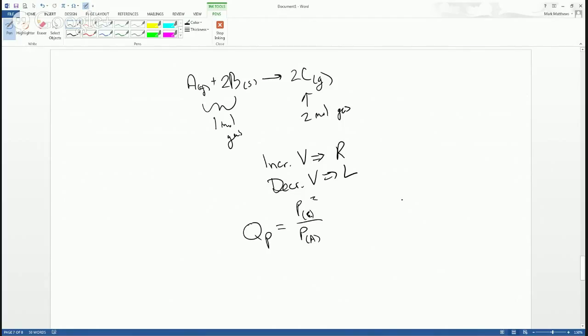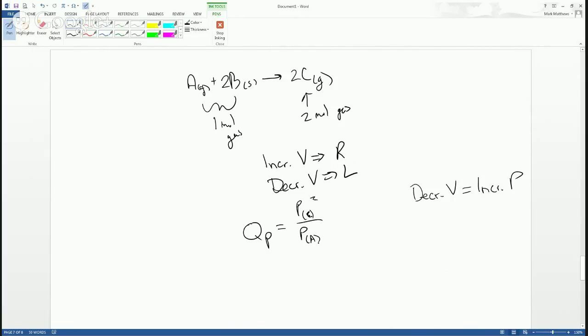But when you increase the volume, well, we'll do decrease first. I like doing that one first. You decrease the volume, and if you remember Boyle's law way back in General 1, that's going to increase the pressure because Boyle's law says those two are inversely proportional. One goes down, the other goes up.